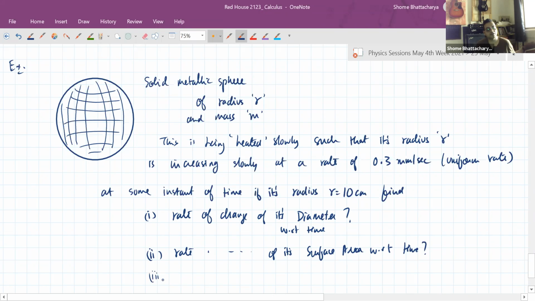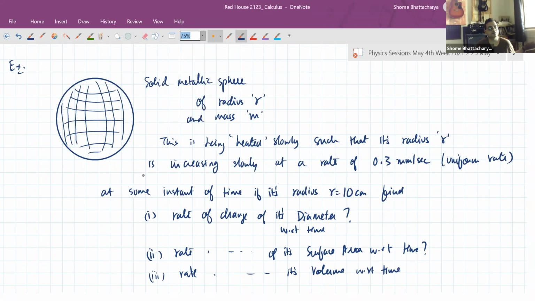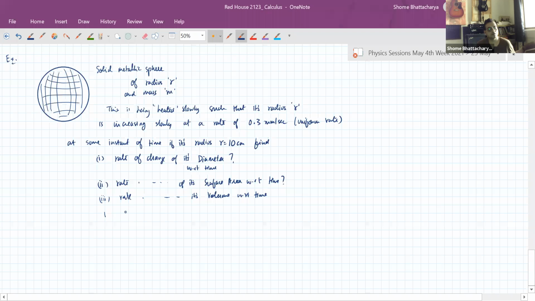We want to similarly find the rate of change of its volume with respect to time, because all these things will be changing with respect to time. And finally, we also want to find the rate of change of its density with respect to time. And for this part, it's given to us that the mass is, let us say, 5 kilograms.